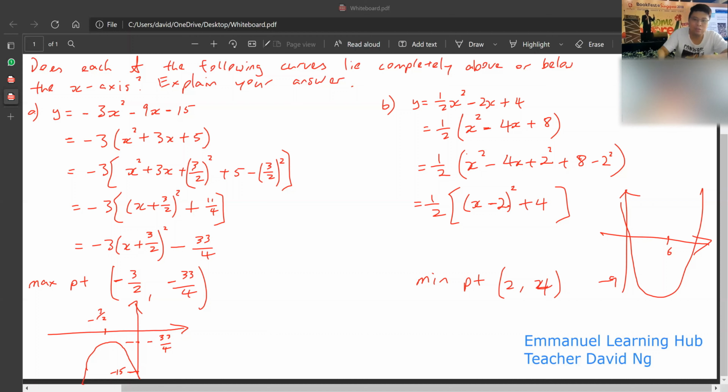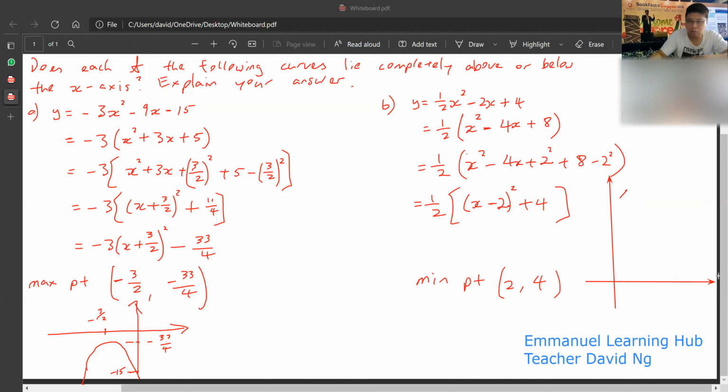Can you see? If it's 2, 4, different story. Can you see if it's 2, 4, it's different story? Yes. 2, 4, different story.